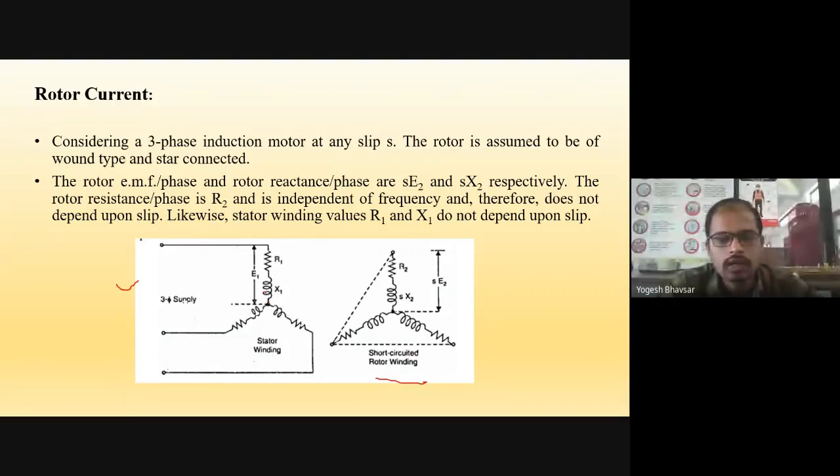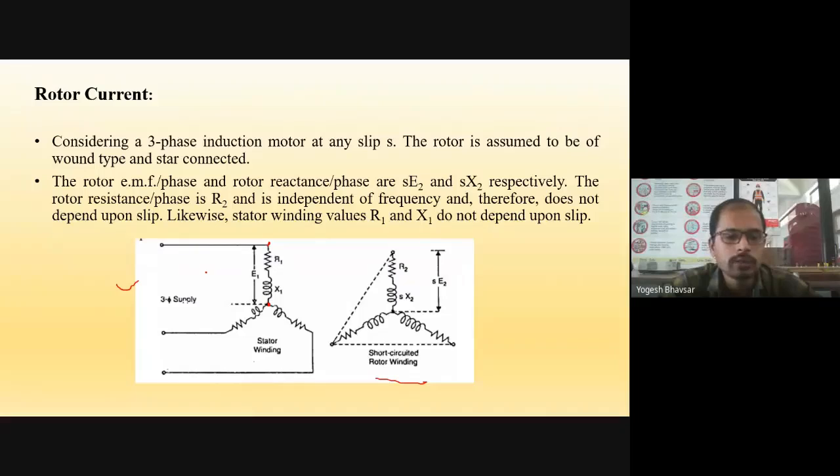So this is a star connected stator winding and a star connected rotor winding. As we know, in the star connection there will be 3 phases. For every 3 phases, 1 point is shorted, and the other 3 terminals are brought out for connecting the 3-phase supply.